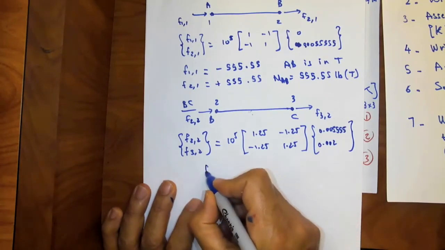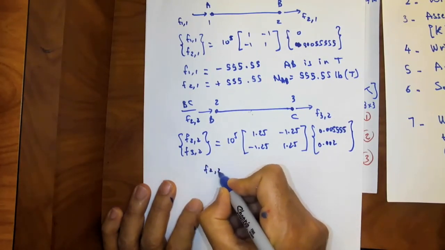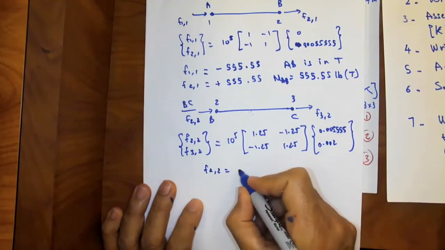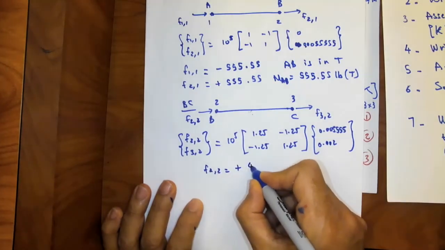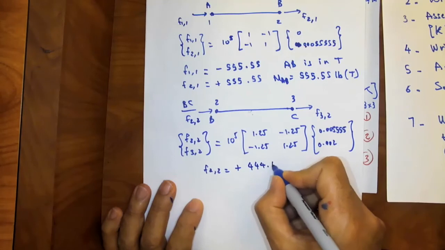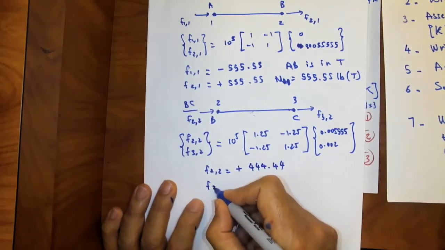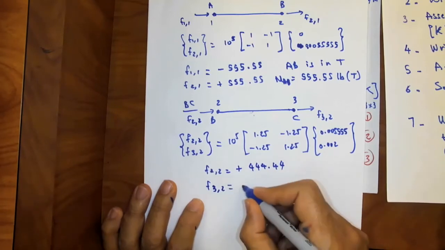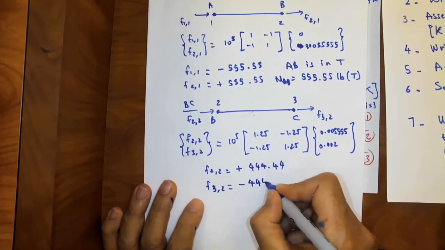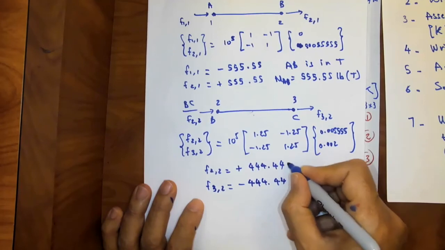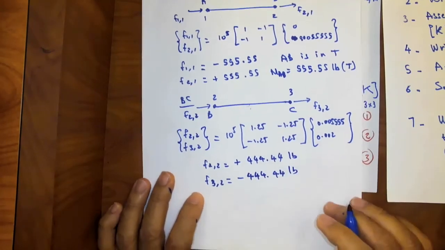I do the numbers, and I get that F22 is equal to a positive 444.44, and F32 is equal to minus 444.44. These are in pounds.